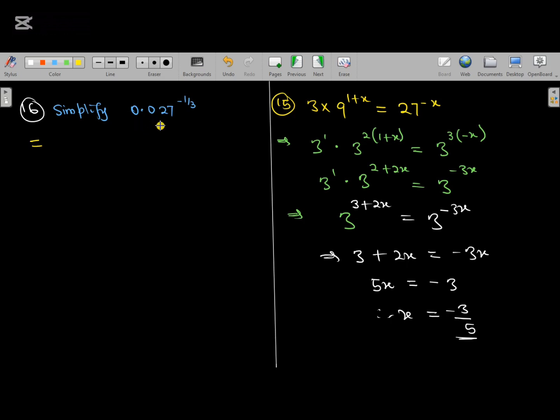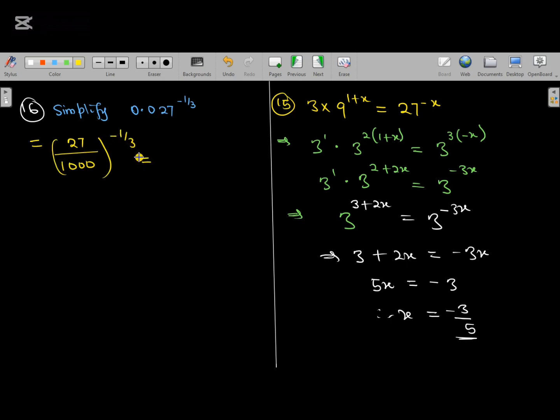So of course, to change 0.027 to fraction, all you need to do is to write your 27 and then all over 1. Then you count the number of digits after the decimal point and you represent it with zeros. Okay, so since we have 3 digits here, we represent it with 0, and that will be 1000. So everything now is raised to the power of minus 1 over 3.